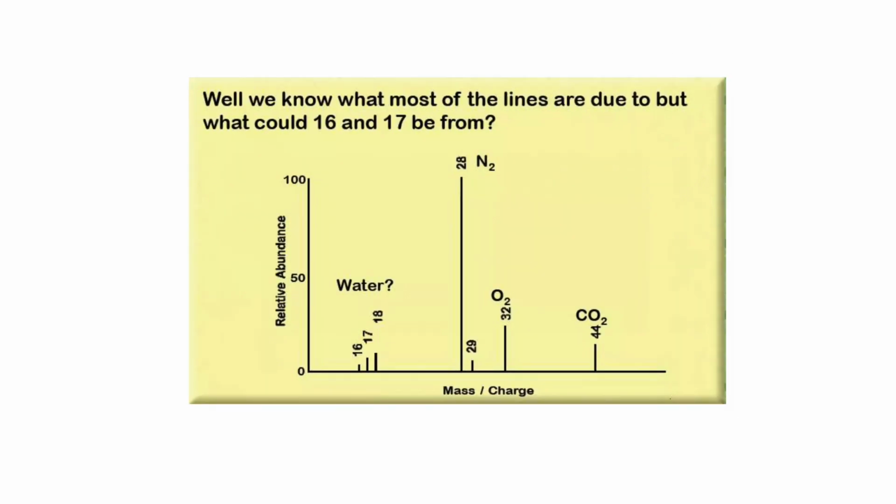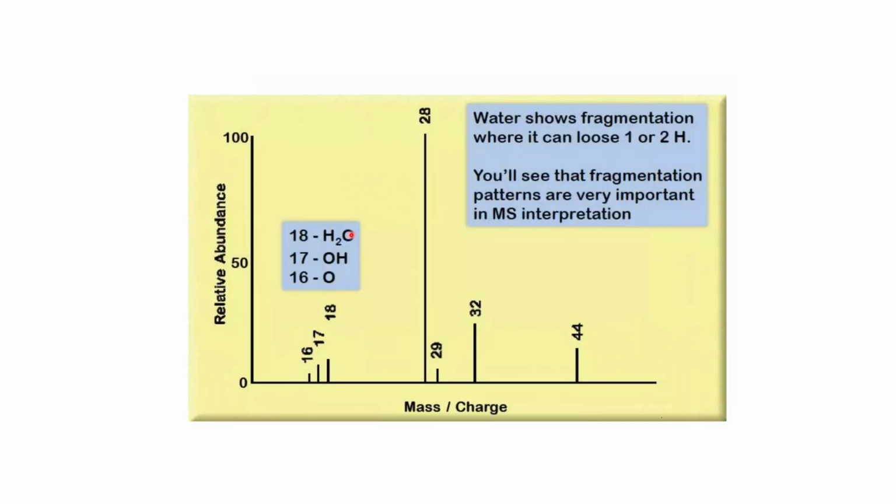So we know that most of the small lines could be because of the isotopes, but what could 16 and 17 be from? These fragments could indicate water, and water shows fragmentation where it can lose one or two hydrogen atoms.